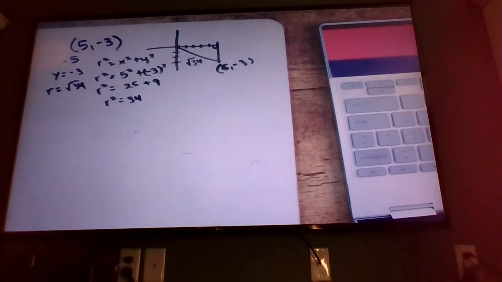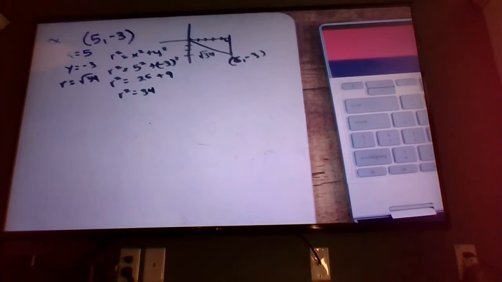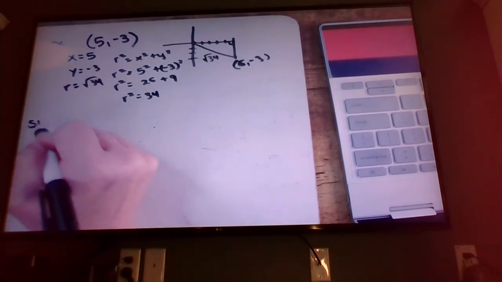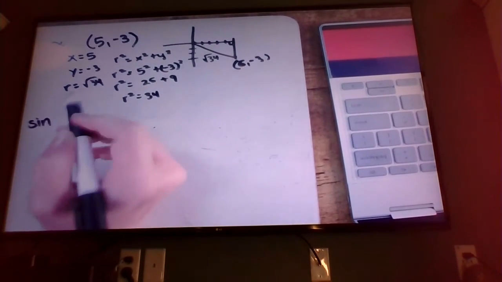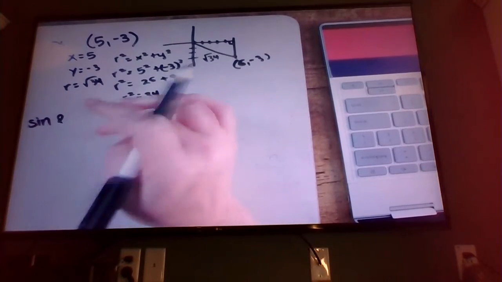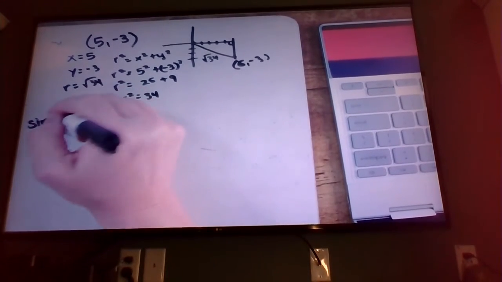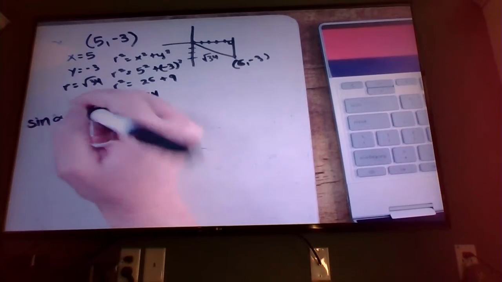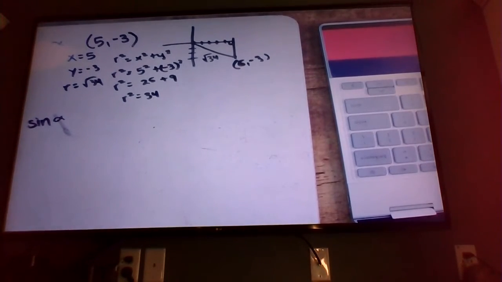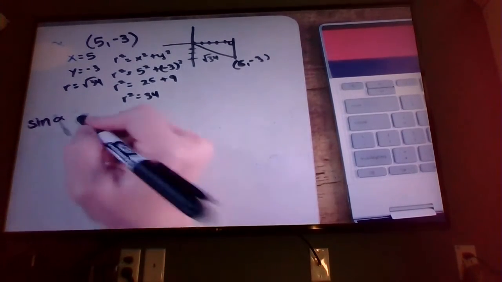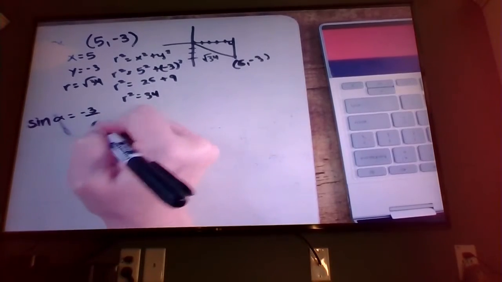All right, and then find the exact value of the 6 trig functions. Well, the sine of alpha would be y over r, so that's going to be negative 3 over the square root of 34.